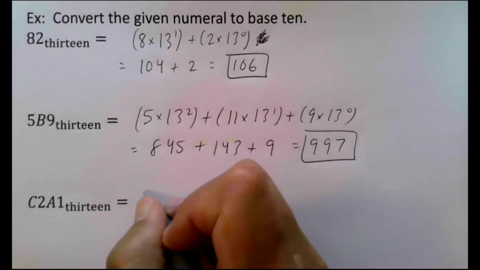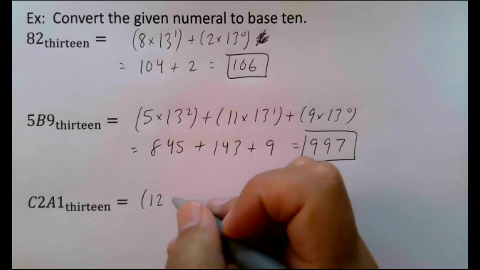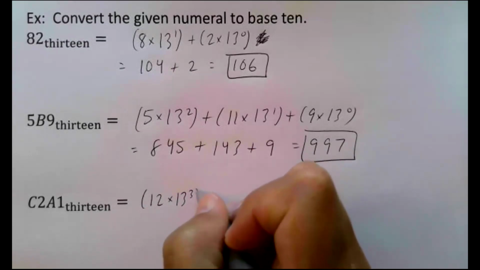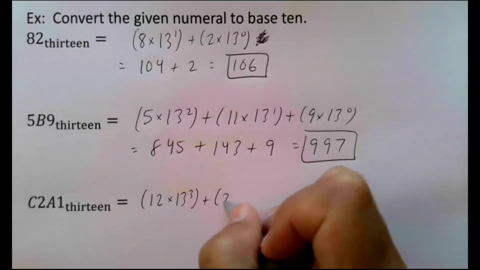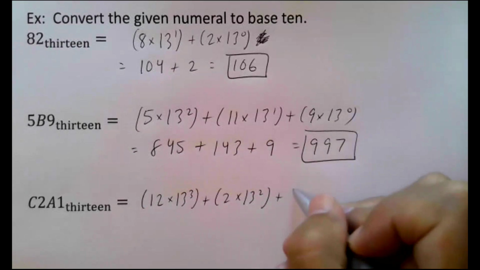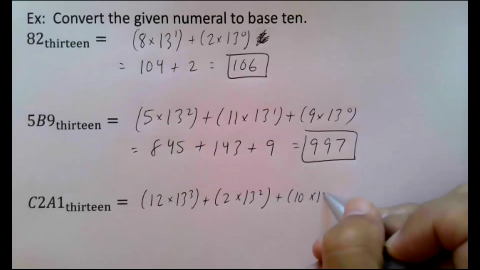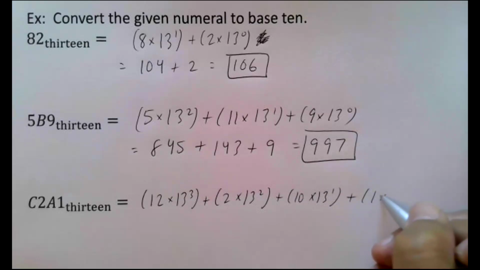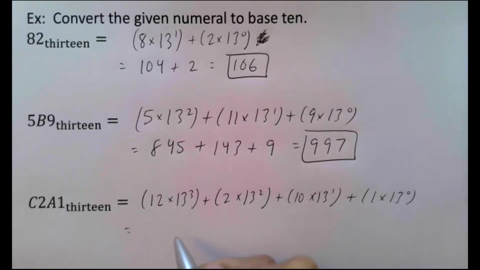So we are going to think of this as 12 times 13 to the third, 2 times 13 to the second, 10 times 13 to the first, and then finally 1 times 13 to the power of 0.